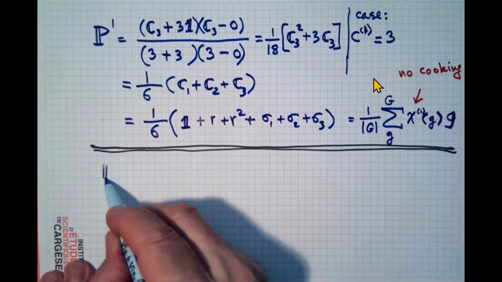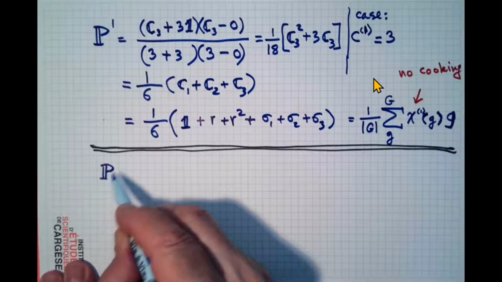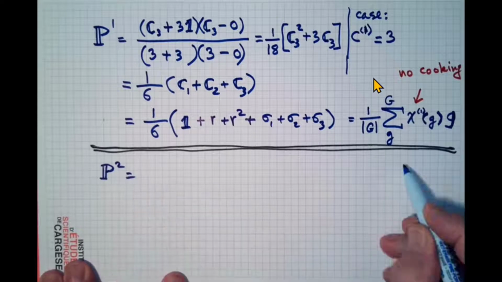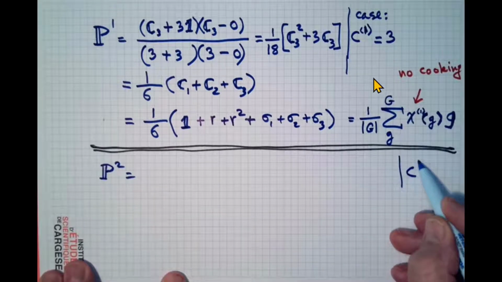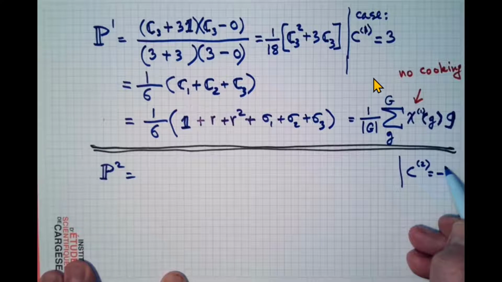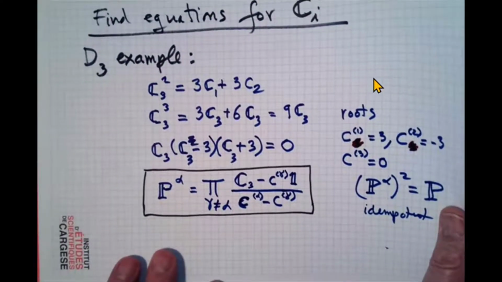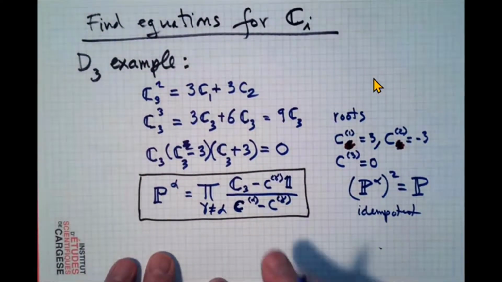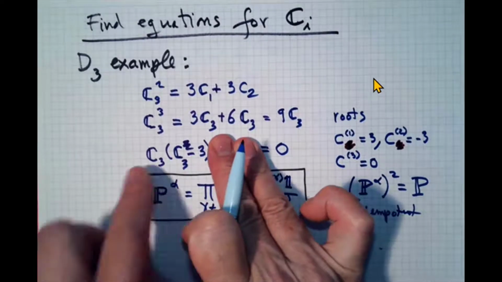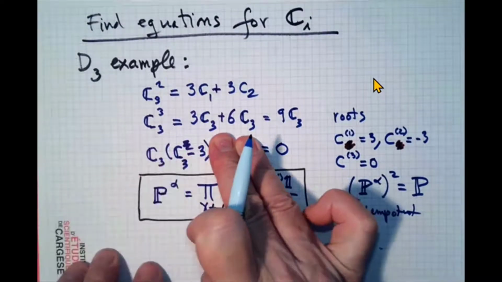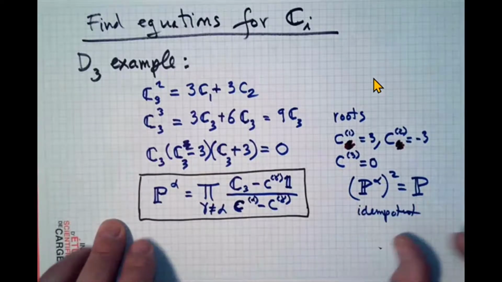P2. So this is the eigenvalue -3. Now this one will remove this term and have these other 2 terms in it. So there will be C3 squared minus 3C.